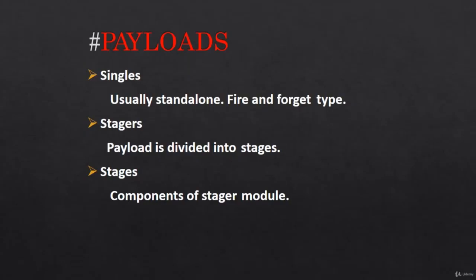So singles are usually standalone. Next, stagers set up a network connection between the attacker and victim and are designed to be small and reliable. In stages, the payload is divided into stages. Stages are payload components that are downloaded by the stager module. So we can say stages are components of the stager module.